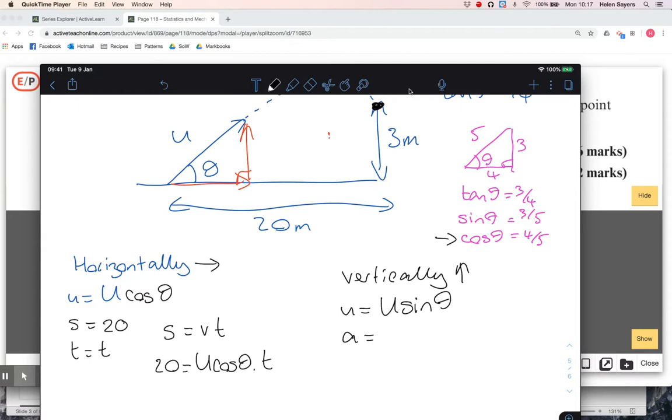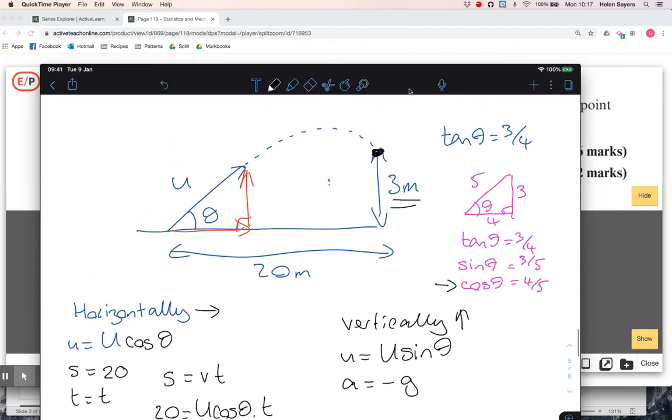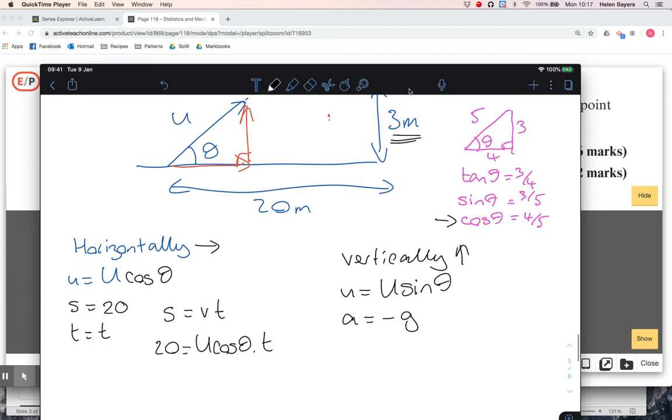Acceleration is due to gravity, and I'm taking up as positive, so gravity is working down, so that's going to be minus g. Its displacement in the vertical direction is 3, and I'm calling the time t.